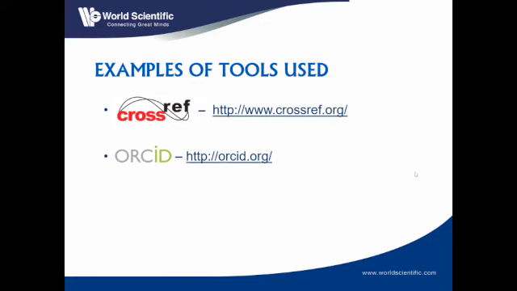And ORCID is for the author's identification, because nowadays there are many people who have the same name, so how to differentiate? We are using ORCID to tell who is who. So now a lot of journals have made it compulsory that when you're submitting, you need to provide your ORCID, so that all your publications will be listed under your name.